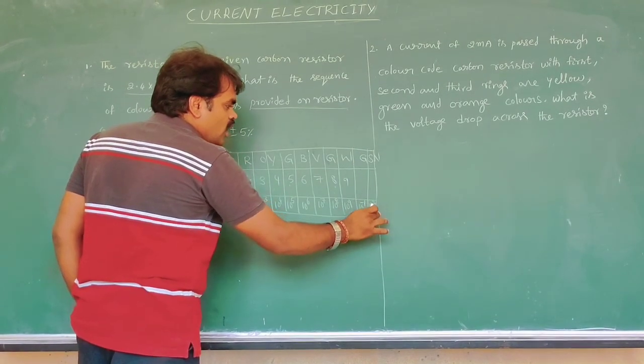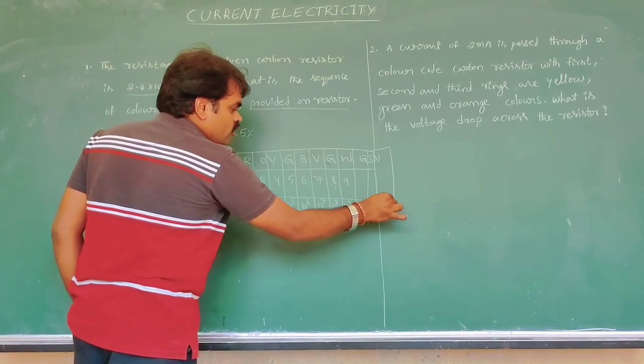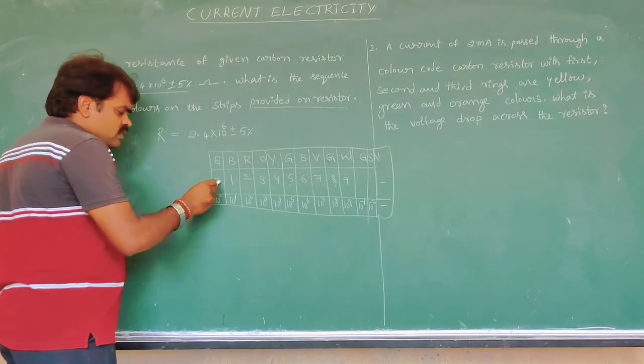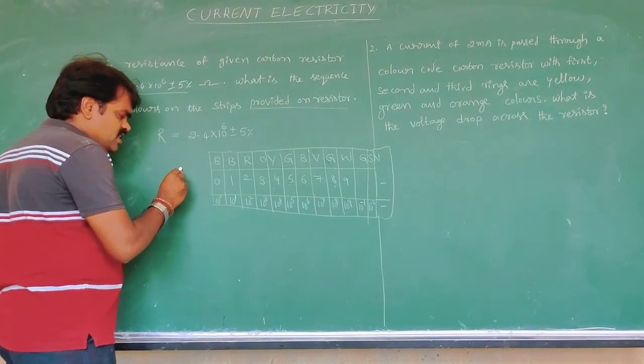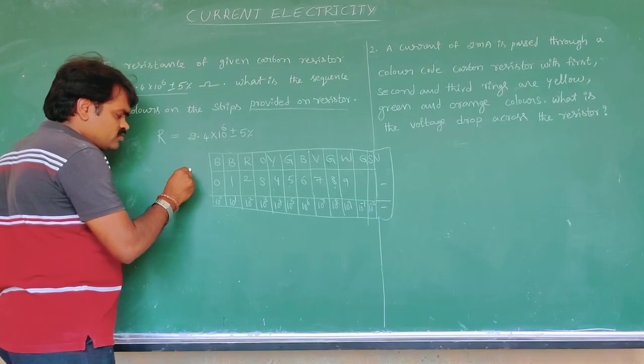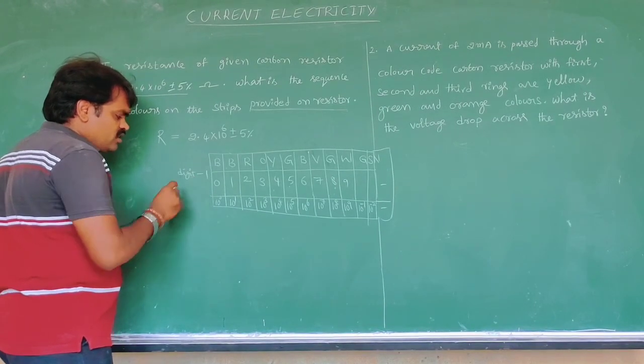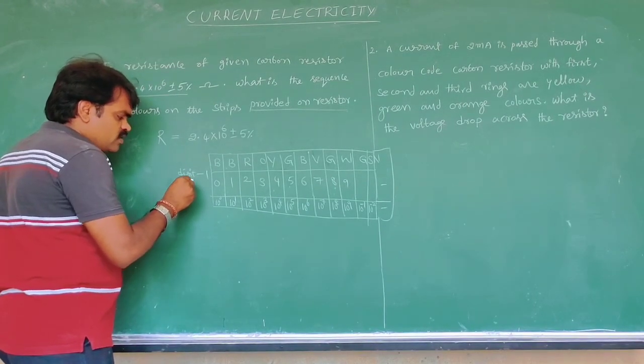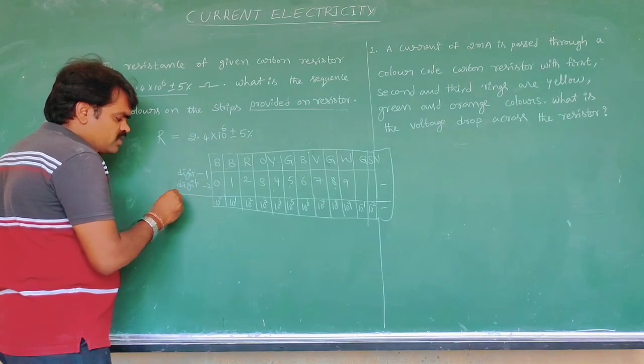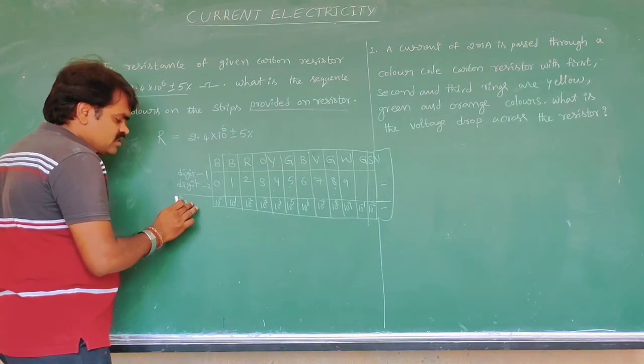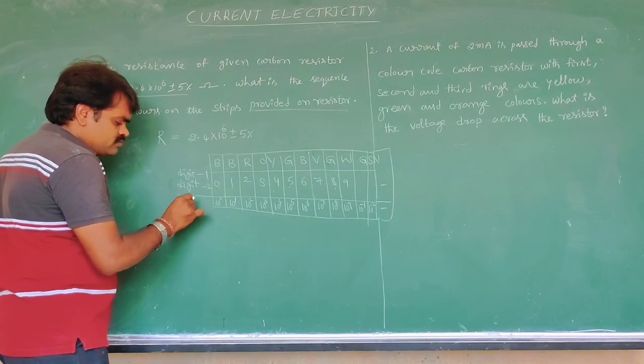For no color, there is no multiplier. These are used for the first digit and the second digit. This is for digit 3. This is the multiplier.